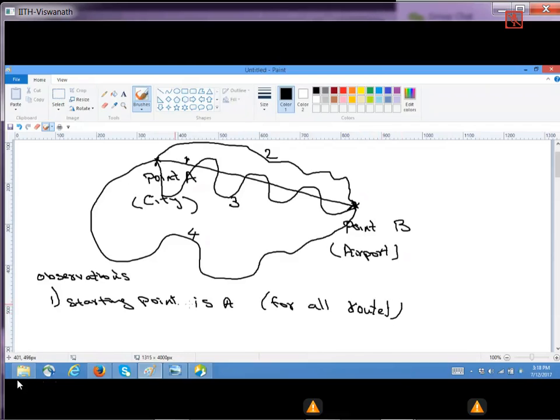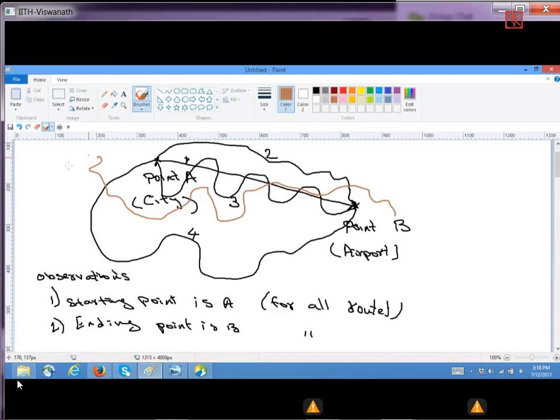Next, the ending point is B for all the routes. Suppose, let me pick something else. This, let me call it the fifth one.